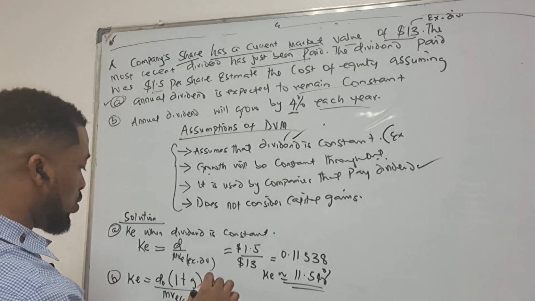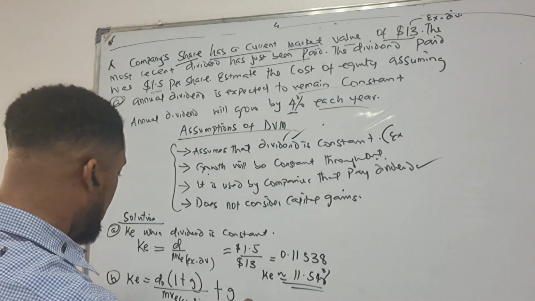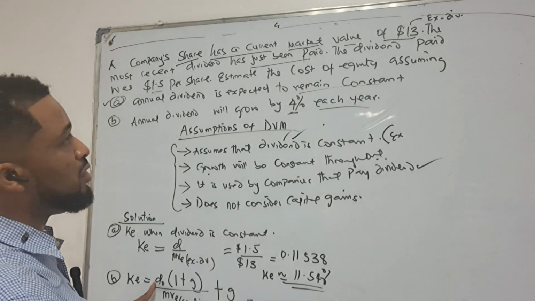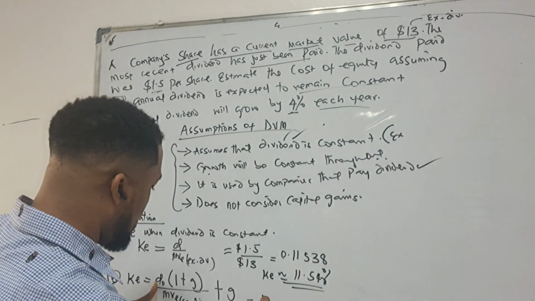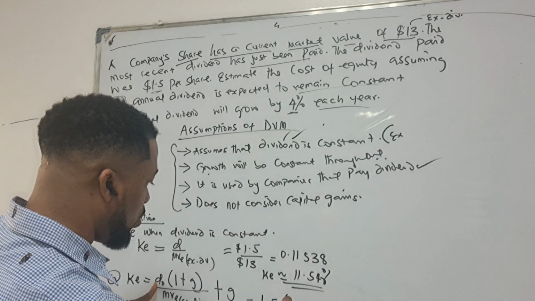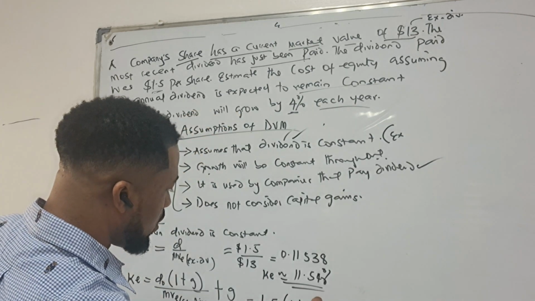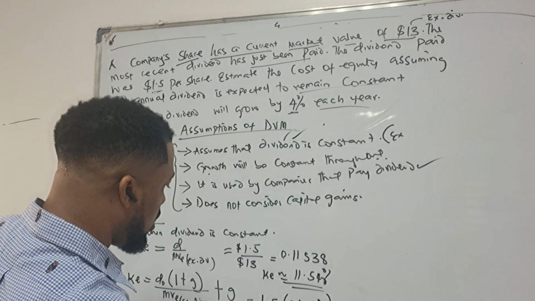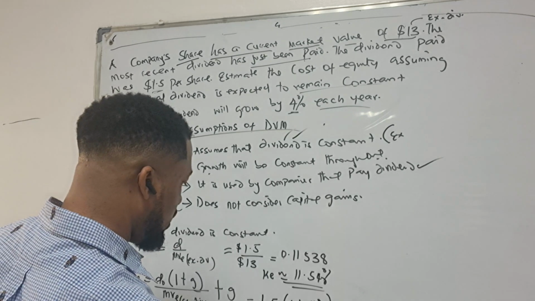And then, because of this growth that affects the capitalization, plus g. Our D0 is the dividend now, which is 1.5. So we have 1.5 into 1 plus the growth rate of 4%, all divided by the market value of $13.